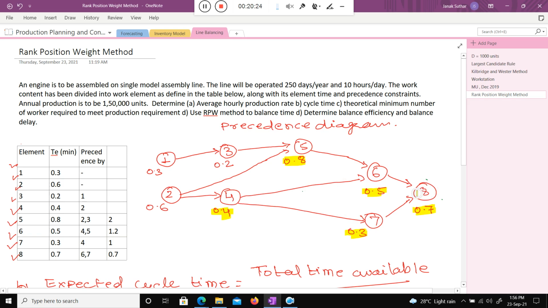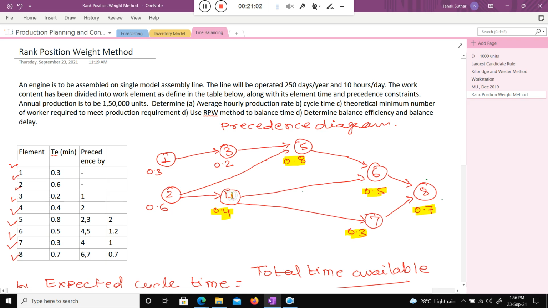Consider all the possible paths and add the work elements that come into those paths. So for 4, you need to add 0.4, 0.5, 0.7 plus 0.3. Are you getting my point, class? Yes, sir. So in that condition, what will be the weight of element 4? 1.9.